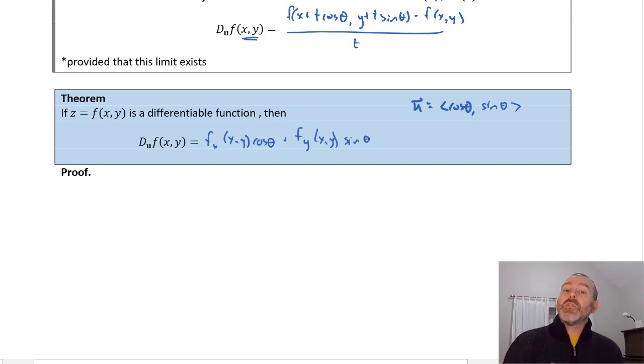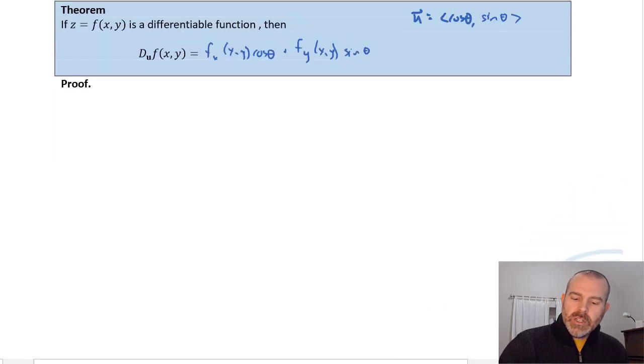And that will give you your directional derivative in the direction of the u vector.